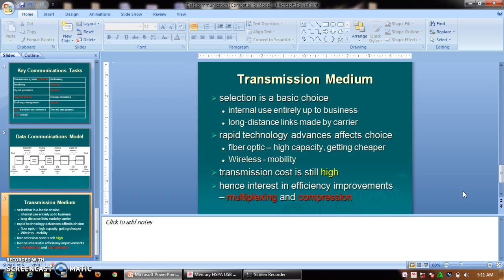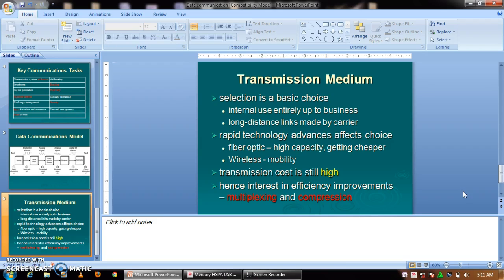Communication between two points can use fiber optic or wireless. If you use fiber optic, it gives high capacity and is getting cheaper. Wireless gives mobility and portability, but the transmission cost is still high. Hence, there is interest in efficiency improvements using multiplexing and compression.